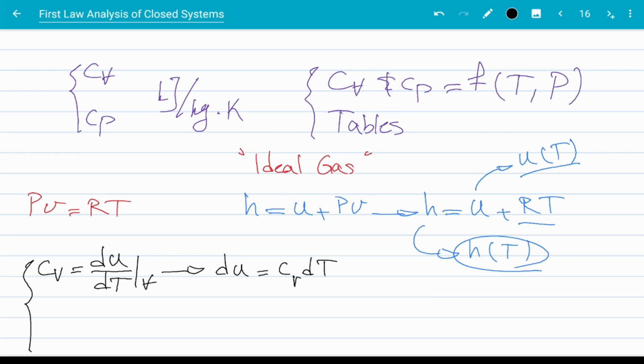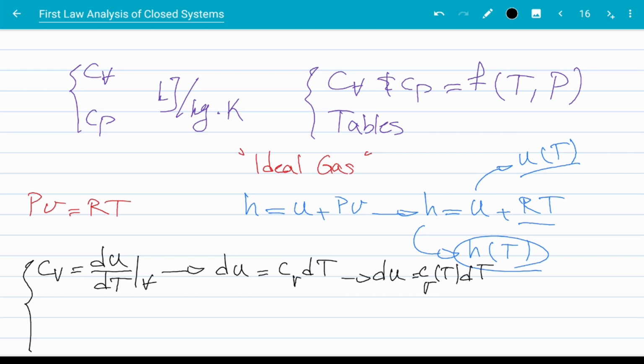If the internal energy is a function of temperature, then the specific heat at constant volume is a function of temperature at most. Okay, so this will be dU is Cv, a function of temperature, dT, right?